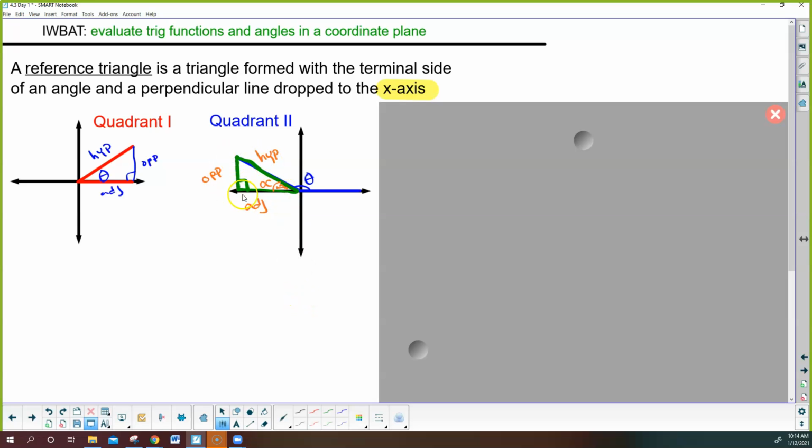And now, knowing those lengths, I can do sine, cosine, tangent, or their reciprocals. I might put a little note here. My angle symbol theta, or I should say alpha, is called the reference angle.